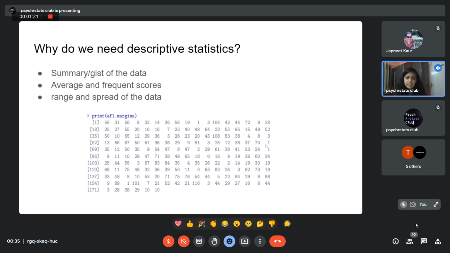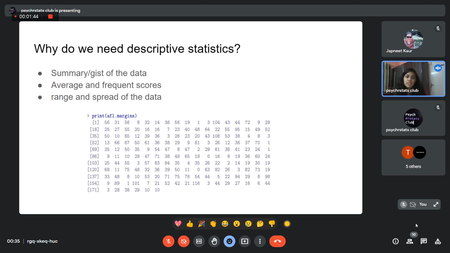You are not really understanding what is going on here. To get insights, to see what kind of scores or numbers we frequently see, or what the average is, or to get a basic gist of the data or the summary, we use descriptive statistics.